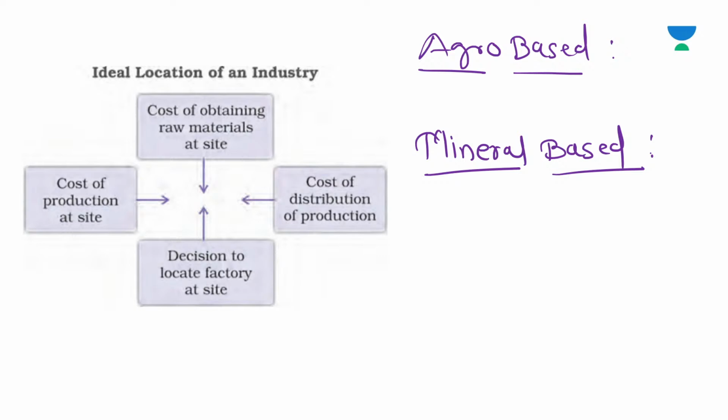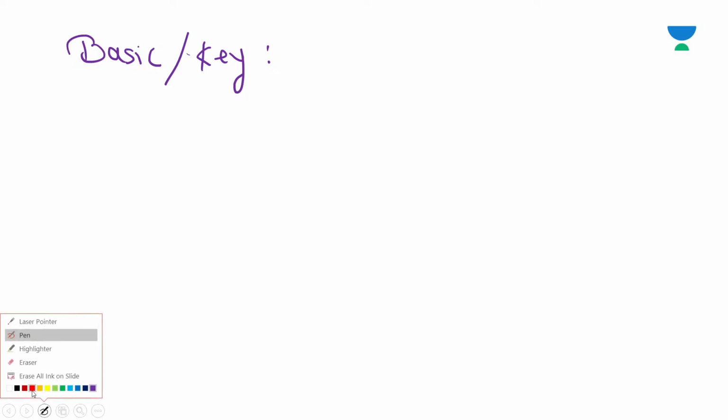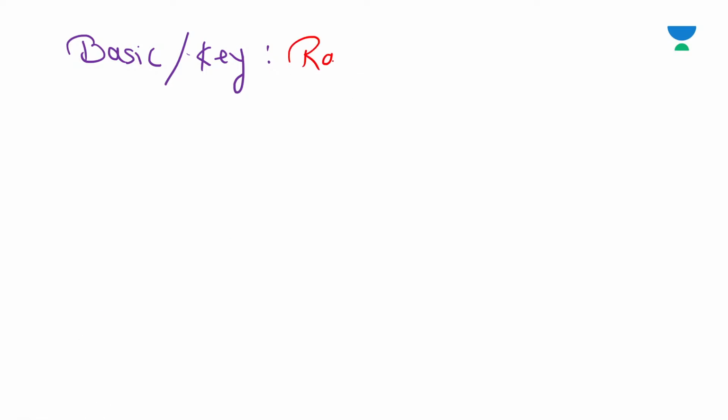Now, according to their main role, there are basic or key industries, which supply their products as raw materials to manufacture other goods.